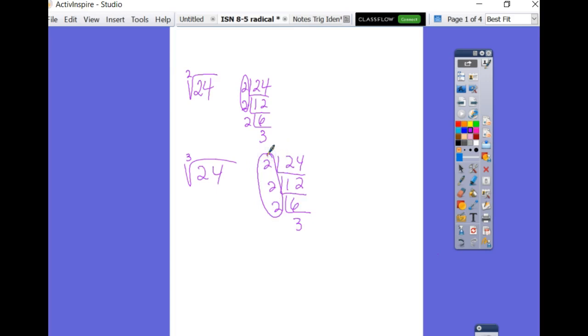So I bring out one 2, and who didn't have a partner? So you get the cube root of 3. The 3 didn't have a partner. So the number on the outside, that determines how many you have to circle. Okay? All right.